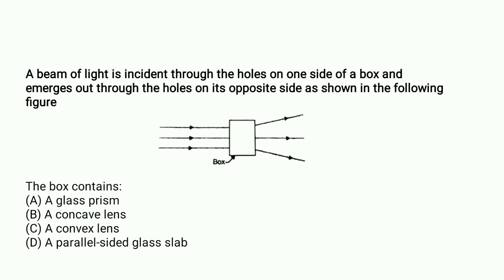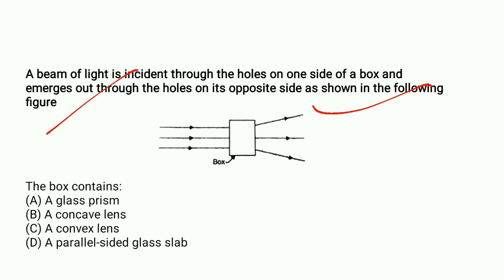Next question. A beam of light is incident through the holes on one side of a box and emerges out through the holes in its opposite side as shown in the figure. You can see here the beam of light is incident and the refracted rays diverge.